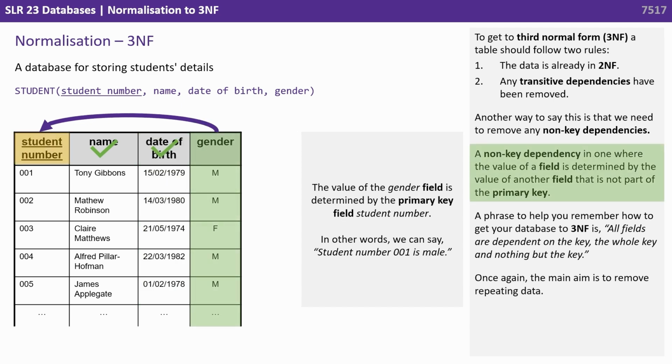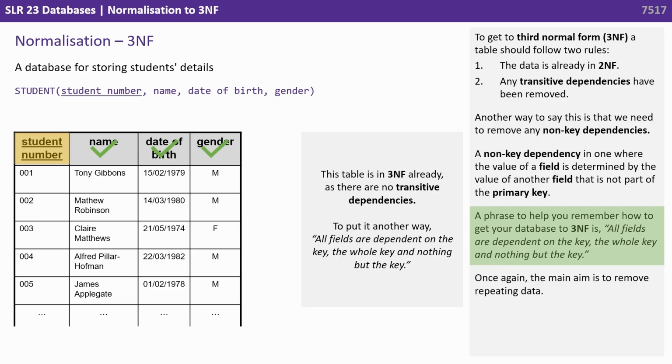We can also say the value of the gender field is determined by the primary key field student number. In other words, we can say student number 001 is male. This table is in third normal form as there are no transitive dependencies. Or to put it another way, all fields are dependent on the key, the whole key, and nothing but the key, which in this case is student number.